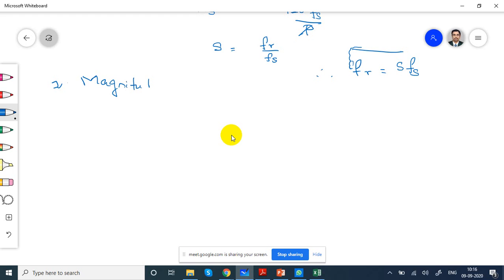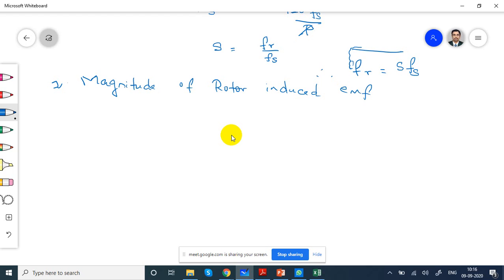Second one is magnitude of rotor induced EMF. Same condition here also.